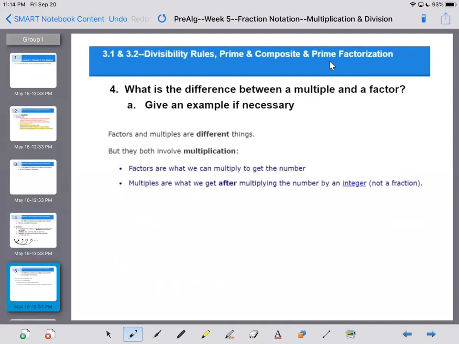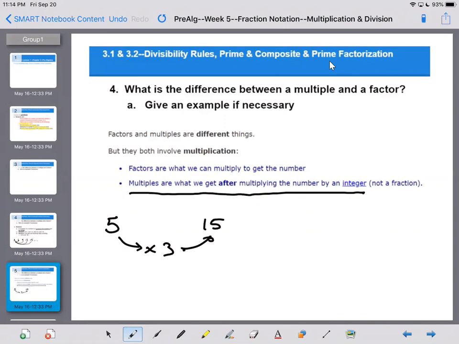You can also look at how multiplication is involved when we're talking about multiples, okay? Multiples are what we get after we multiply the number by an integer. So what's a multiple of 5? Well, we would say 15. How did we get that? We multiplied it by 3. So we would say 15 is a multiple of 5.